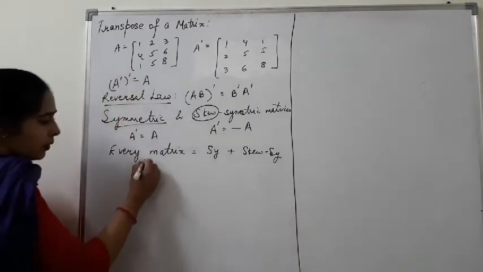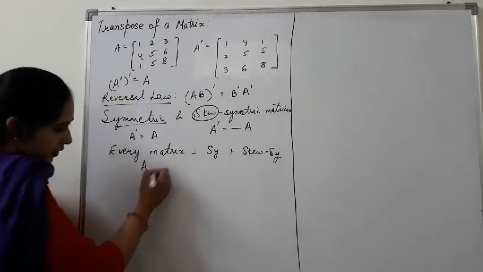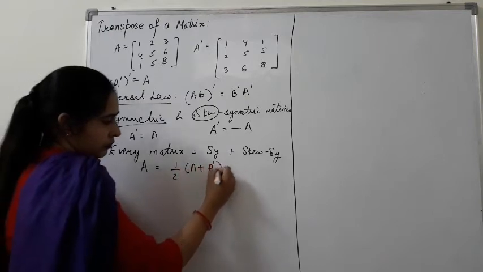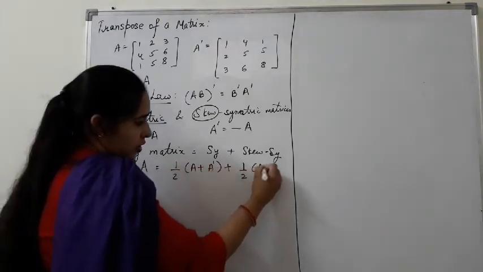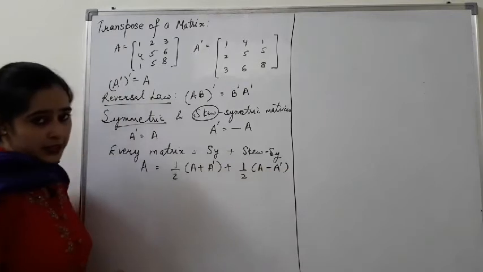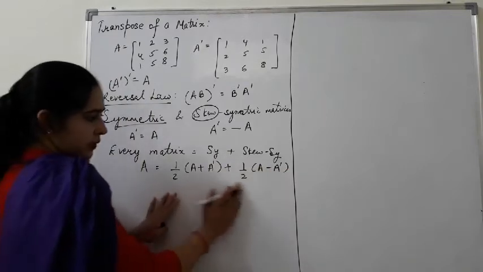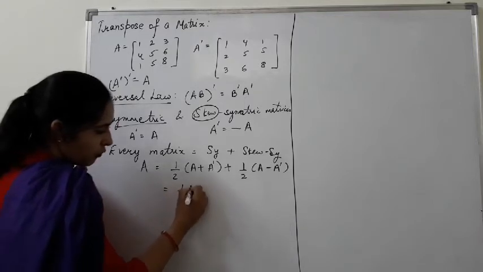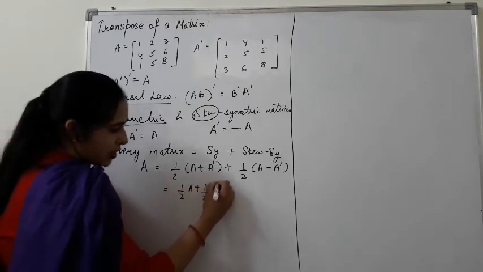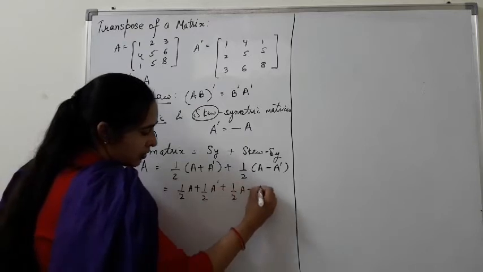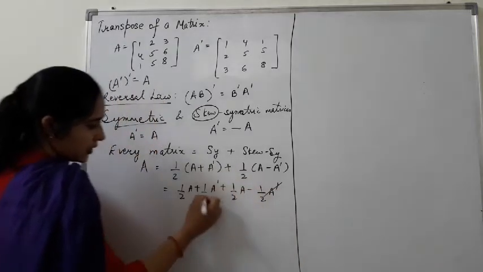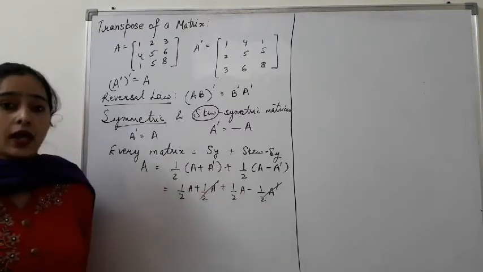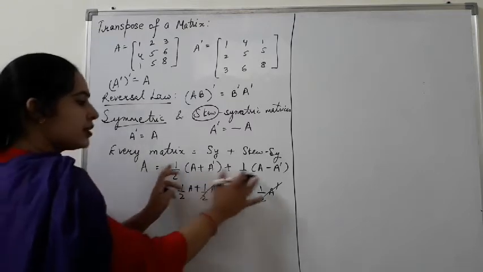Suppose we have a matrix A. Can I write A like this? We can write. How? If you simplify this, what will you get? This is half of A dash, half of A minus half of A dash. These will cancel out. You have half of A plus half of A, that is equal to A. That means you can write A like this.